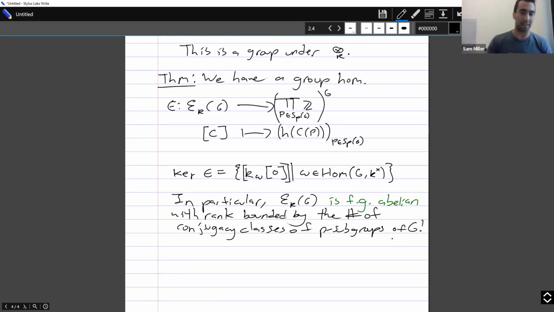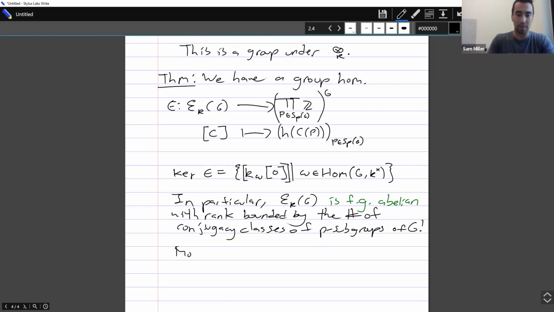For example, in the cyclic case, we can attain this. But in general, for most of the groups that I've actually computed this group for, it's not attained. And I feel like there should be a better way, perhaps also using restriction to elementary abelian subgroups to determine what this rank is more explicitly. But we're not there just yet.